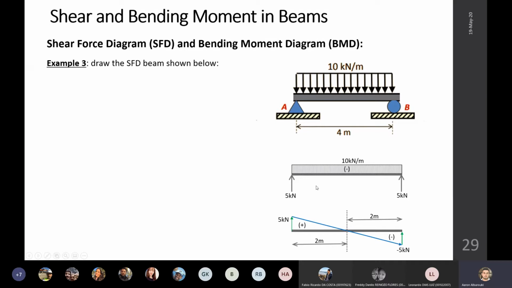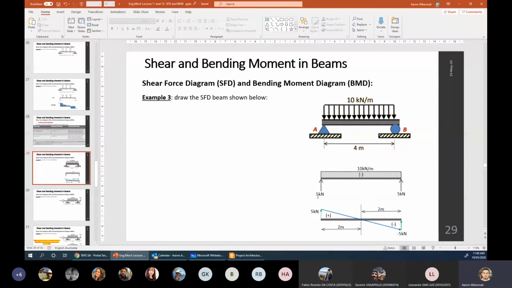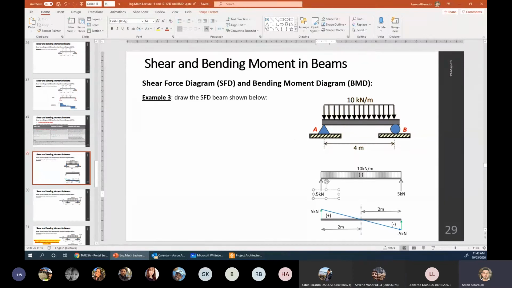Sorry, the reaction here was incorrect. That should be 40, and that's 20, so 20 and negative 20.